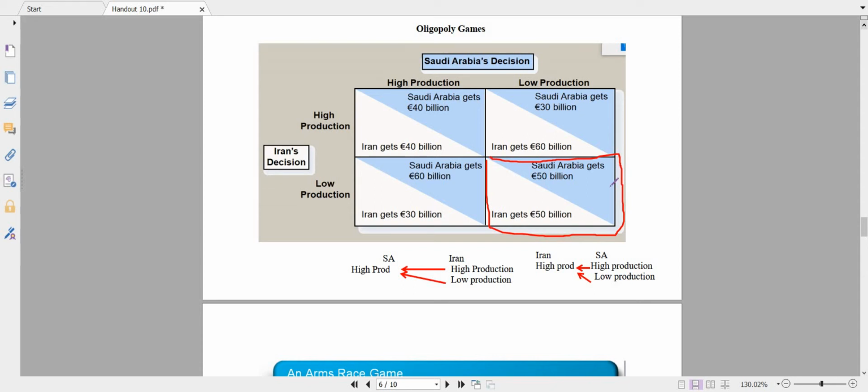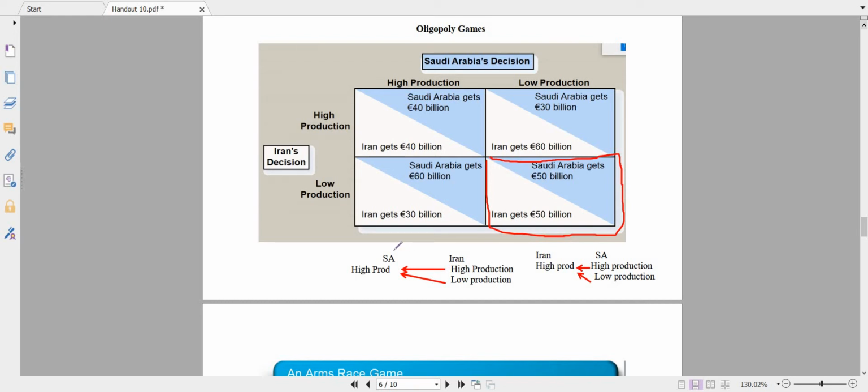Now let's look at the other side of the picture, which is what is going to be the Nash equilibrium in this case. I explained to you that in many games, if you're able to identify the dominant strategy, that is the same as the Nash equilibrium. The way to identify the dominant strategy is to assume the role of one of the players.